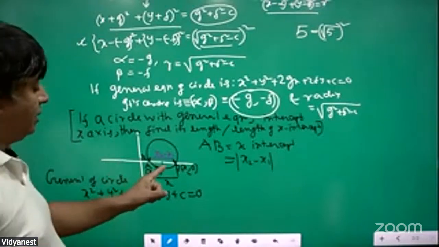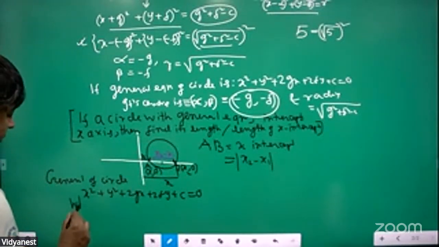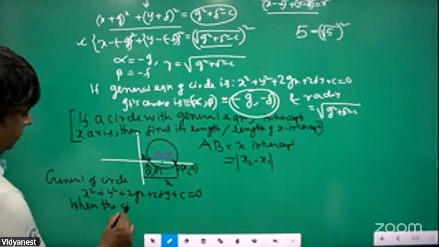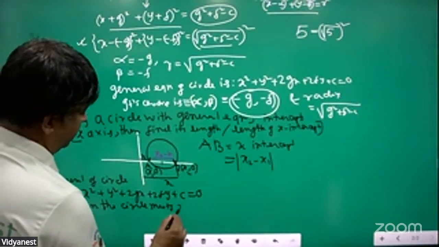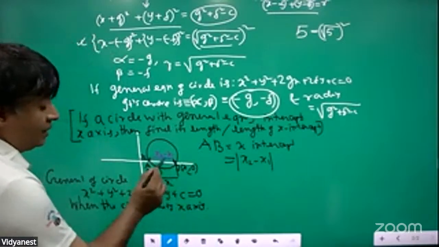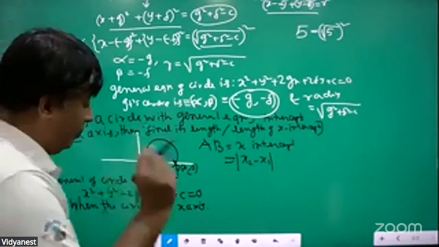Now, when the circle meets the x-axis, what is 0 on the x-axis? Y is 0.